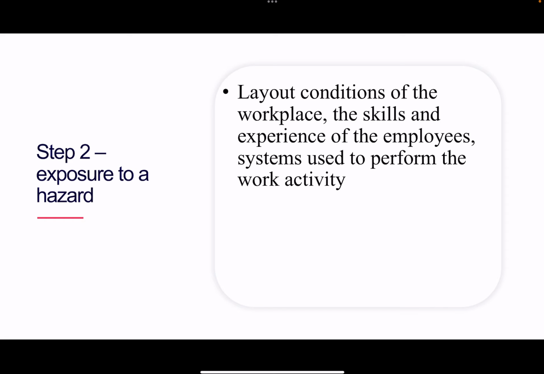Okay, and this is done by understanding what work processes you are doing. Okay, what machinery are you going to be using? If you're going to be using high-risk machinery, for example, a band saw, a circular saw, that possesses a high risk of exposure to finger cuts or even finger amputations.